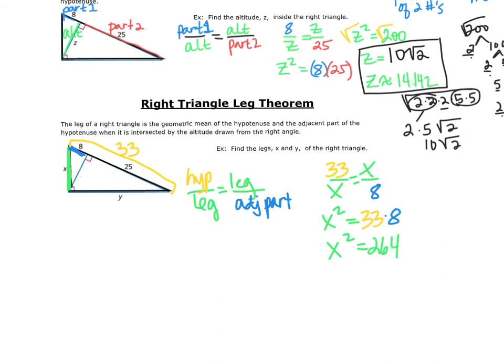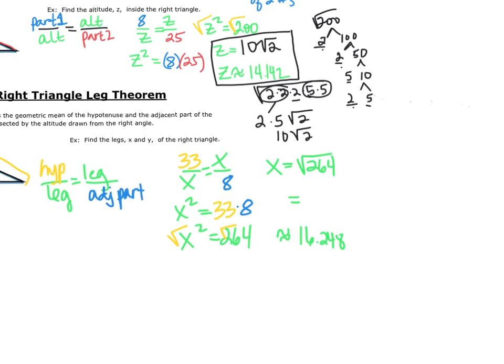All right, so we'll take the square root of that, and we get x equals the square root of 264, which is not a real perfect square. We know it is approximately 16.248. But let's simplify our radical.